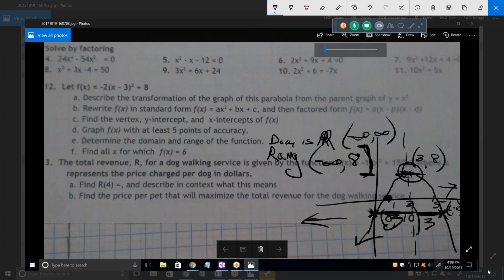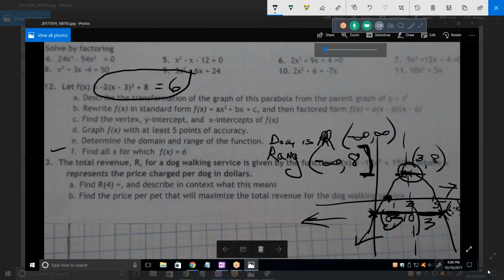Okay. Now, question F, which we just have time to do. Find all values of x for which f of x equals 6. Well, there's f of x. I'm just going to make it equal 6. And then I've got to solve that equation right there.